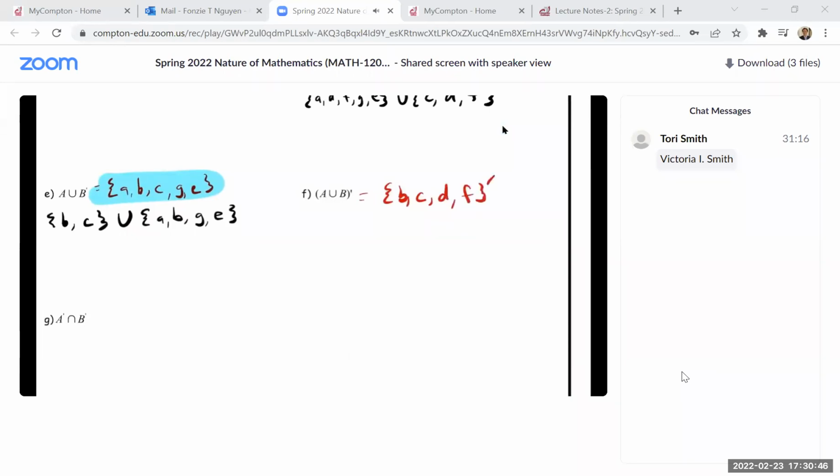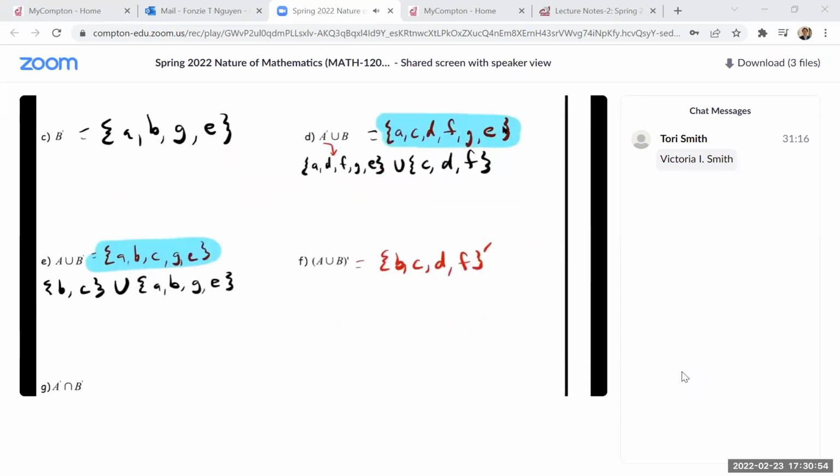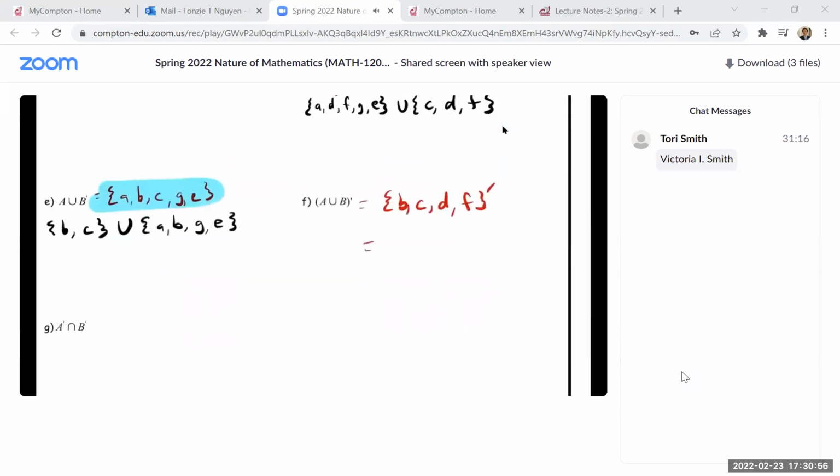That means everything outside of this: A, E, G. Yeah, A, E, G would be our final answer. And remember, the order doesn't matter. You can put them in any order you want. And that's the final answer.